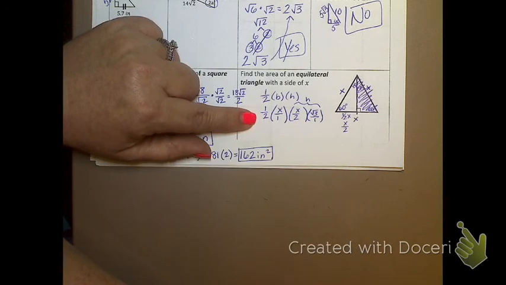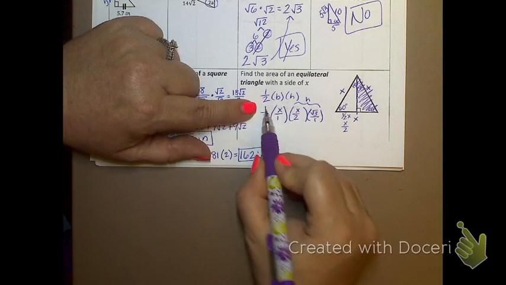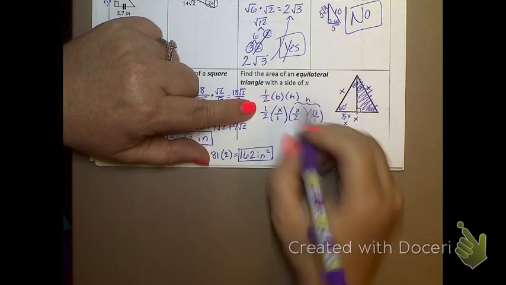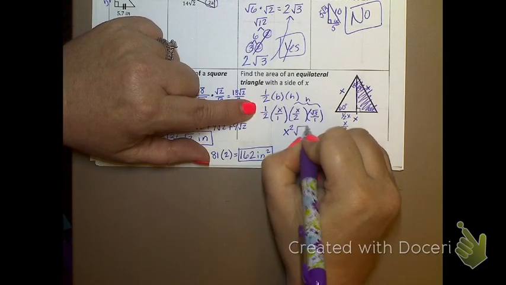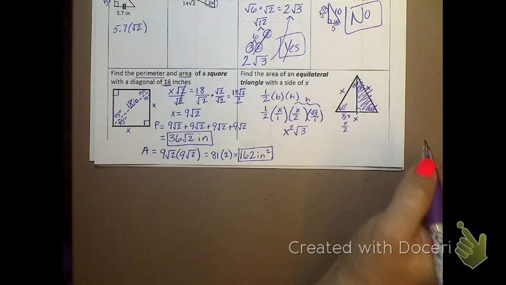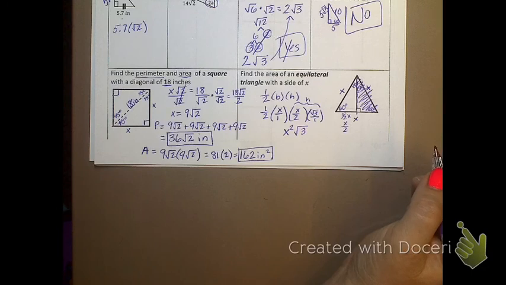So since I've written all those as fractions, can I just multiply across the top and multiply across the bottom? So 1 times x times radical 3. What does that give me? X squared radical 3. You may be tempted to say radical 3 x squared. Radicals always, always, always, always go at the end of whatever you're saying.